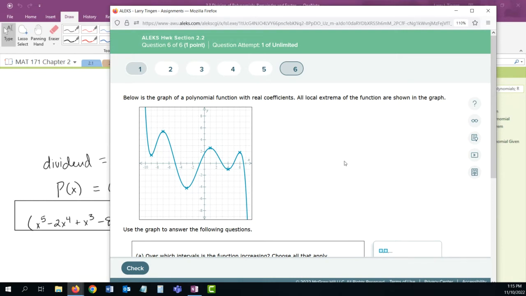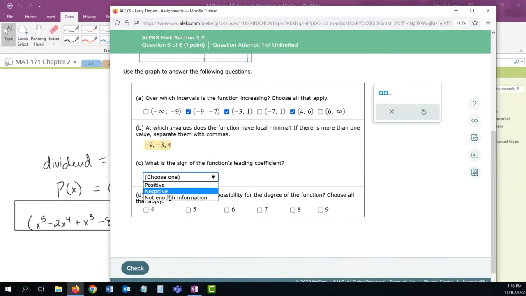X is growing, x is getting larger, but my output is getting more and more negative. That means my leading coefficient must be negative because it's flipping that behavior. So instead of as x grows, y grows, as x grows, y falls, as x goes negative, y grows. So I'm looking at a negative leading coefficient. Which of the following is a possibility for the degree of the function? Choose all that apply.